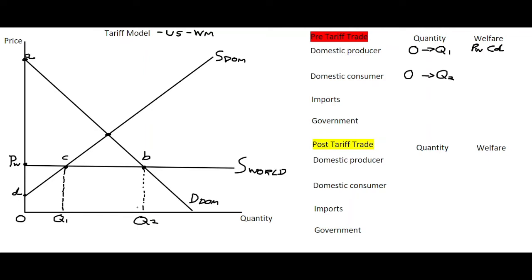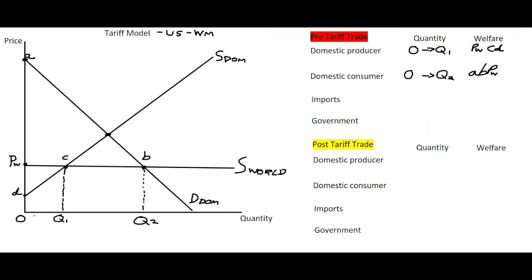So in this case here, the welfare for the consumer is the area below the demand curve, demand domestic, and above the price line. And that area is represented by A, B, and PW. So we'll put it in here. A, B, and PW is the welfare here.